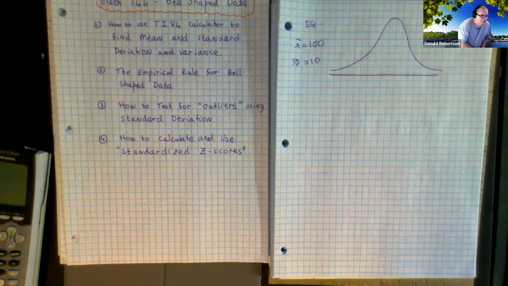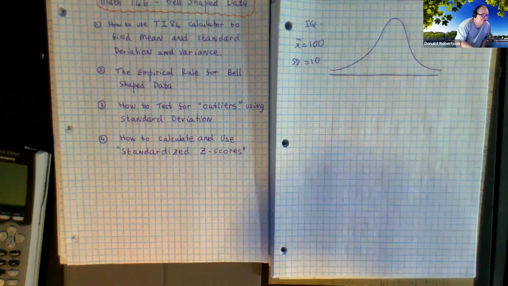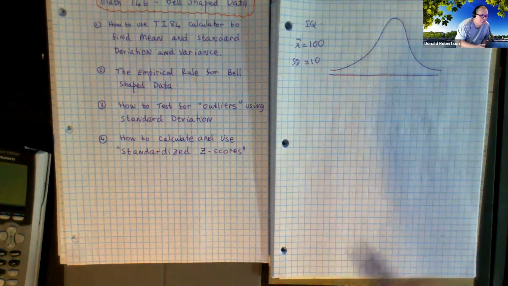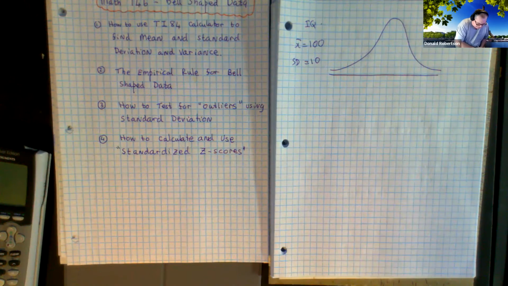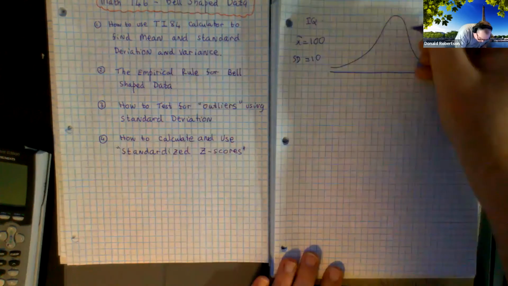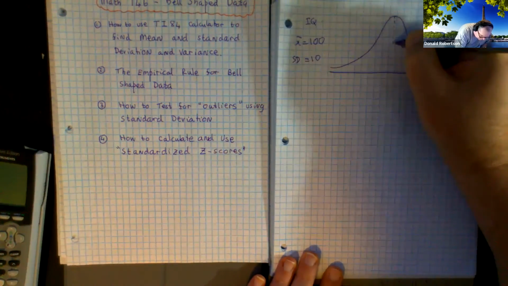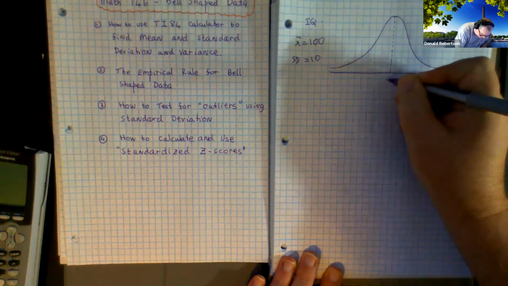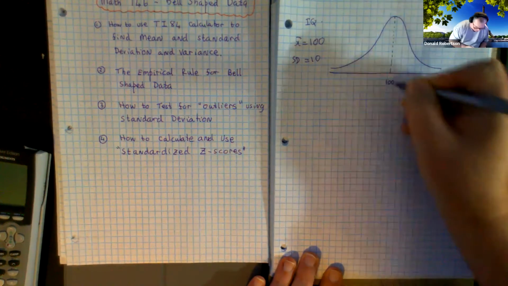So if you get an IQ test, you get an IQ like 112 or 92 or whatever it is. That's where it comes from. IQs are bell-shaped data. And the typical average American adult, as you'd expect, is there.